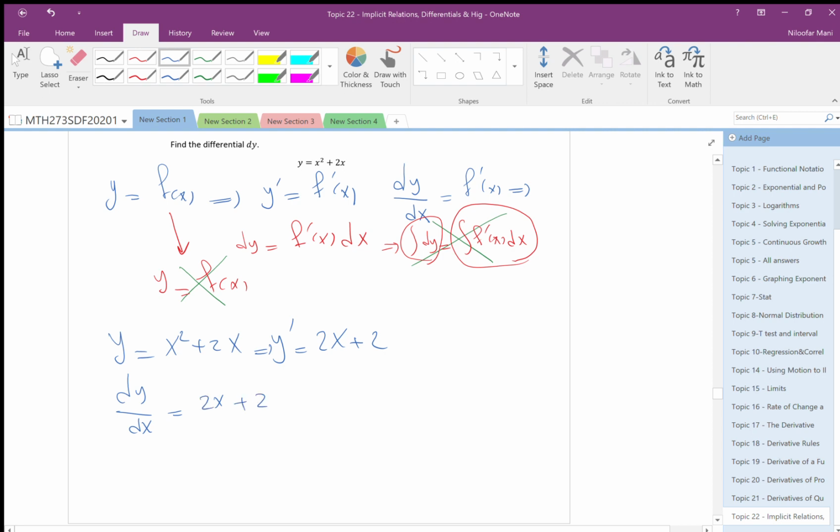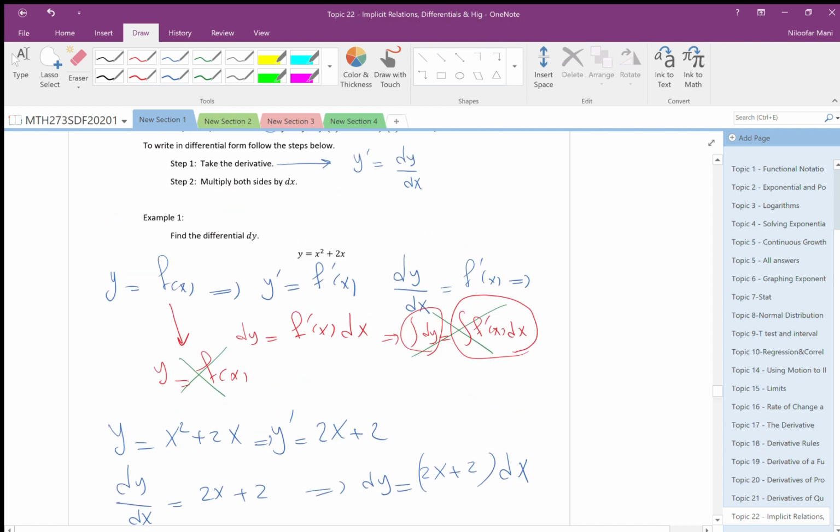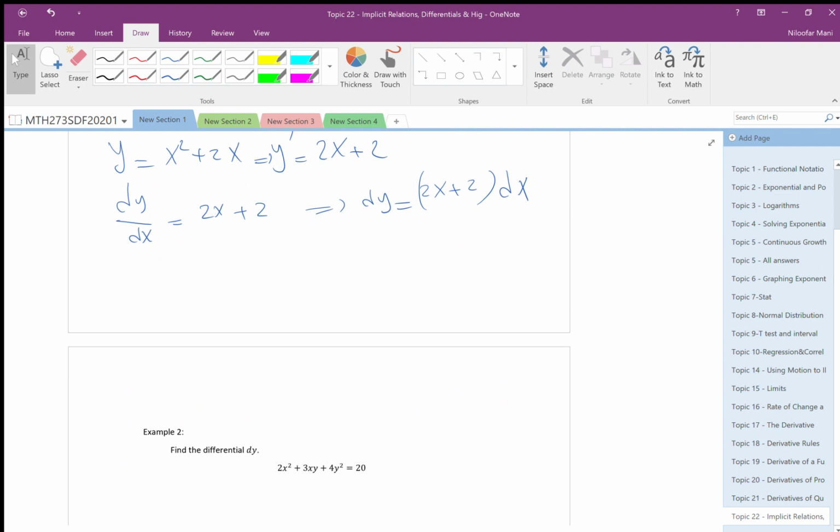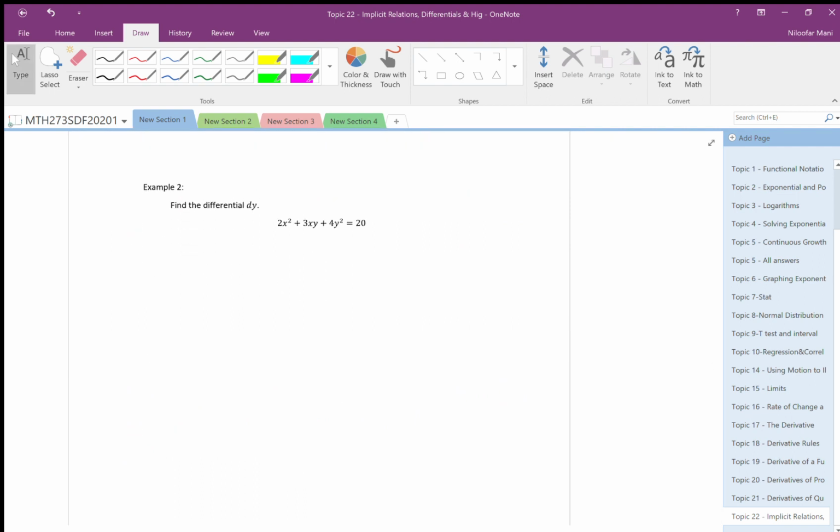Then you say dy is 2x plus 2 times dx. Remember you have to use dy over dx instead of y prime. It's the same as before when you are doing the derivative.